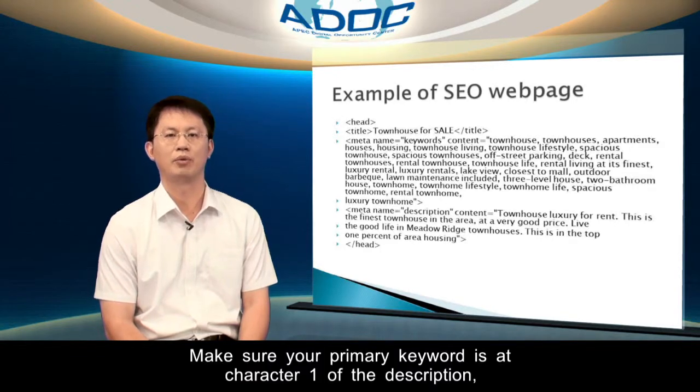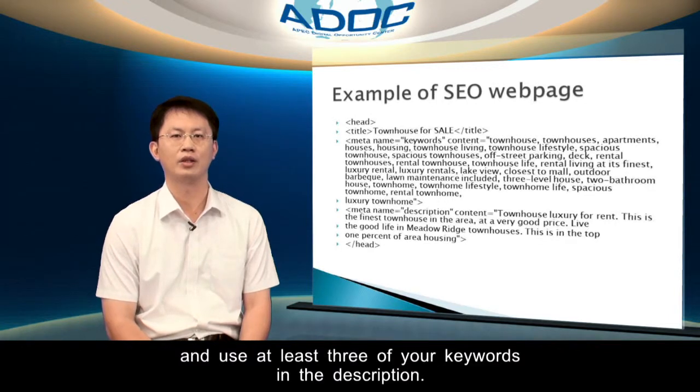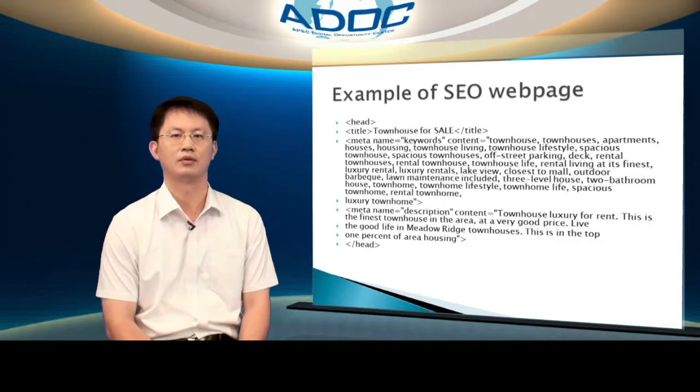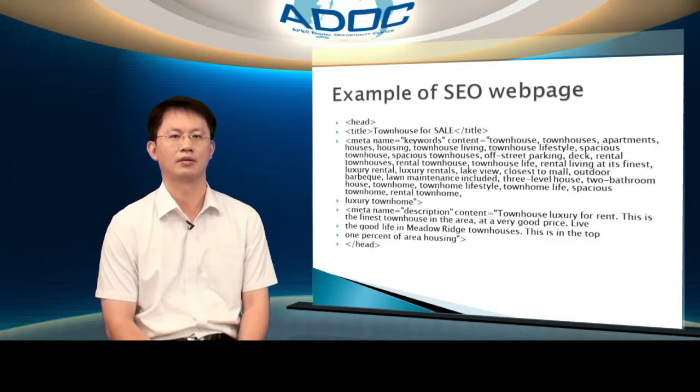And make sure your primary keyword is at character 1 of the description. And use at least 3 of your keywords in the description. Don't use any one keyword more than 6 times.